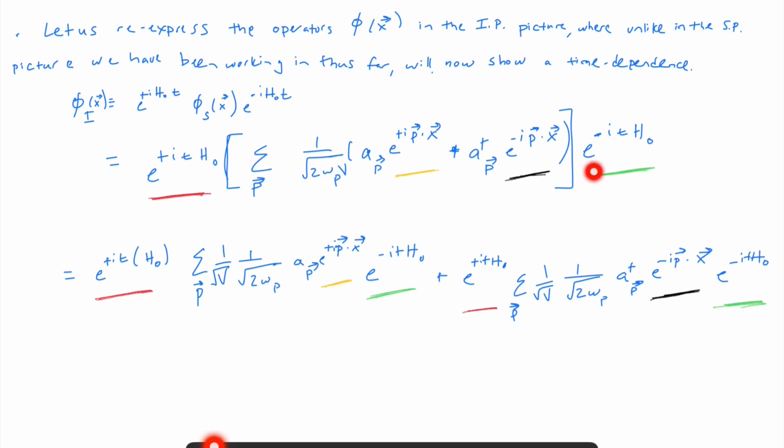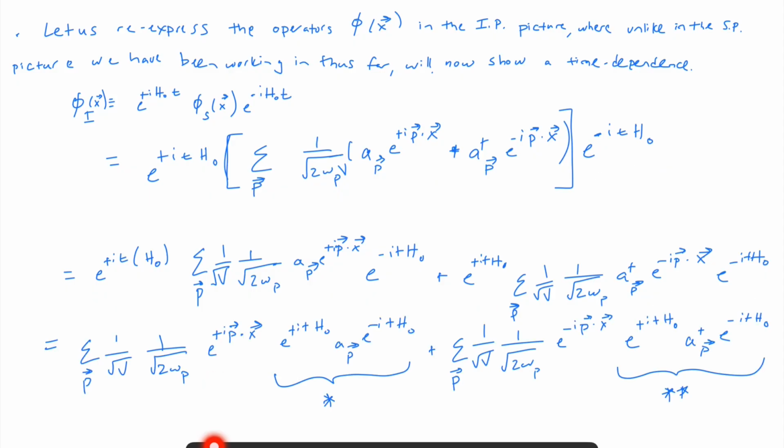And then I post-multiply it by e to the minus i H naught t. So that's how I got this whole first term, this times this times this. And I put that sum over here. And then I'll do the same thing over here. It's still the same sum over p, but I pre-multiplied on the left by e to the plus i H naught t, sum over p, this prefactor, then this whole thing over here, and post-multiplied over here. So that's pretty clear.